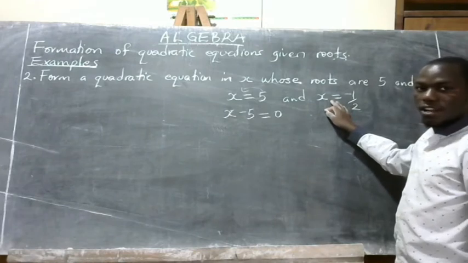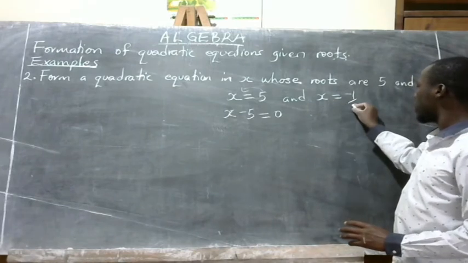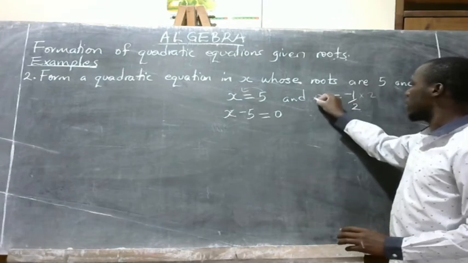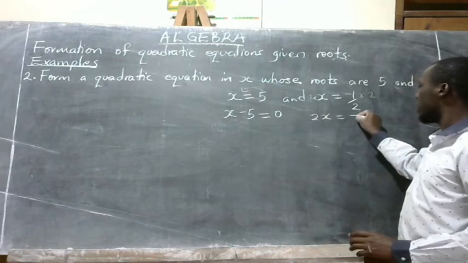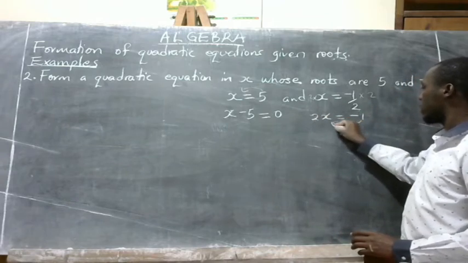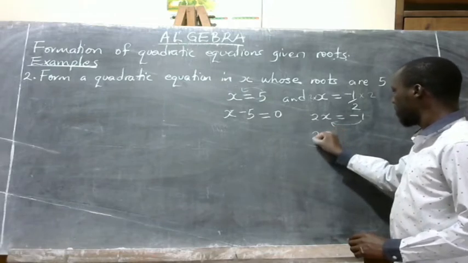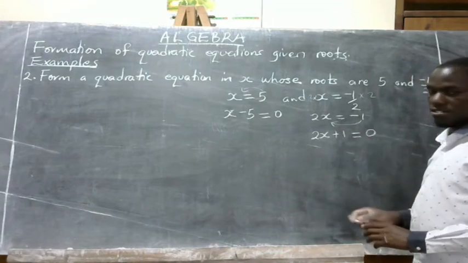Then this one here has a fraction. I'm going to first eliminate it by multiplying both sides by 2. If I multiply that way by 2 and this way by 2, I'll have 2x is equal to negative 1. Then I take negative 1 the other side of the equation, and this one is going to be 2x plus 1 is equal to 0.